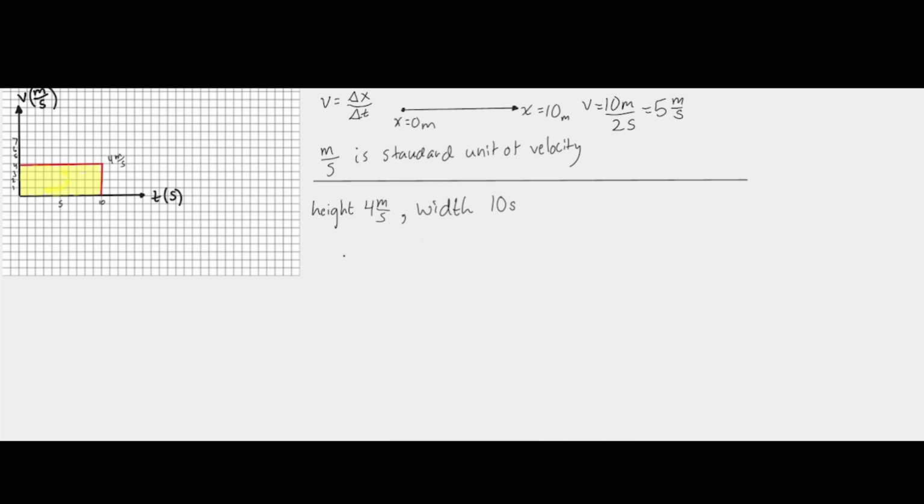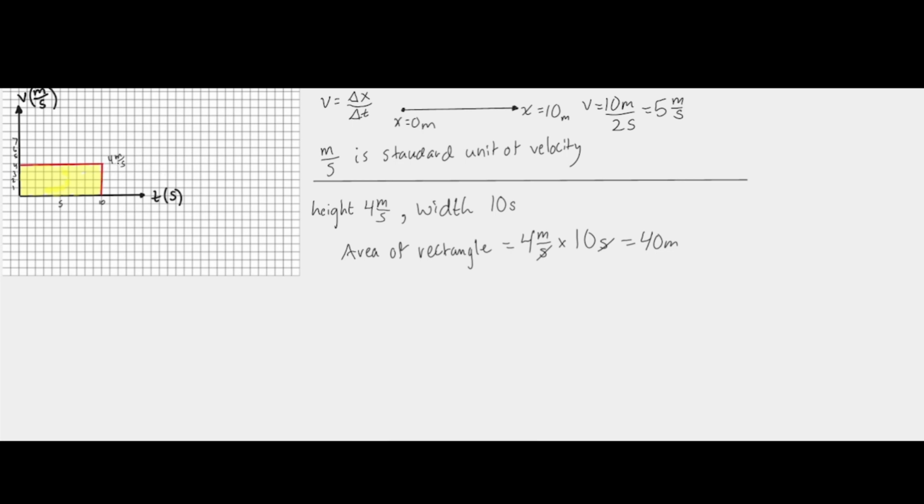So the area of the rectangle is going to be equal to 4 meters per second, the height, times the width of 10 seconds. Now we see here we have a seconds in the denominator and a seconds in the numerator. So we are left with 40 meters. That's pretty cool. If you travel at 4 meters per second for 10 seconds, you will travel 40 meters.